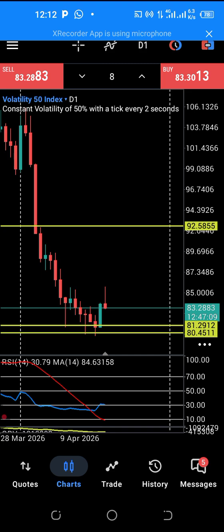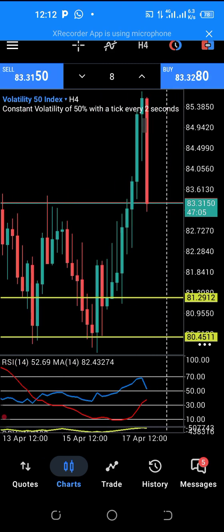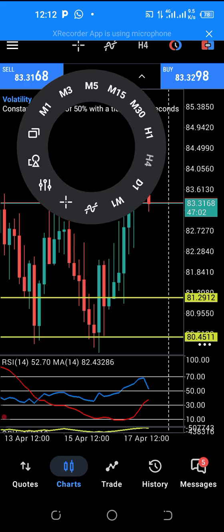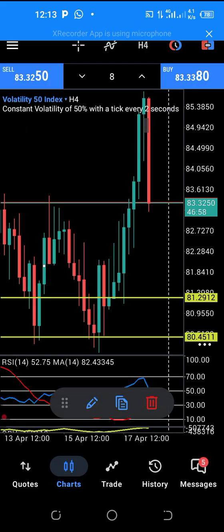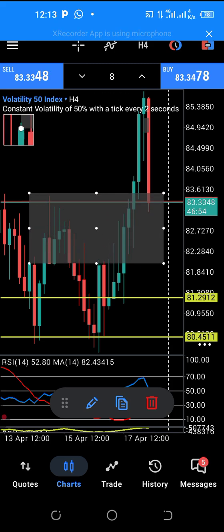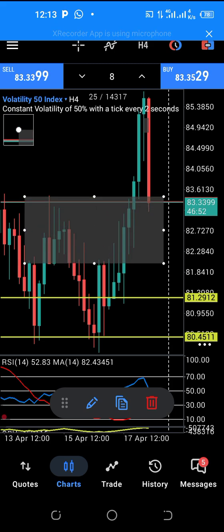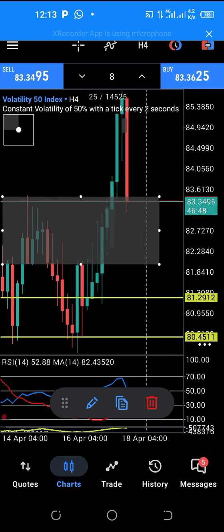So on the 4-hour time frame now, we will see that there is a bullish breaker here, that eventually the market is going to react from.